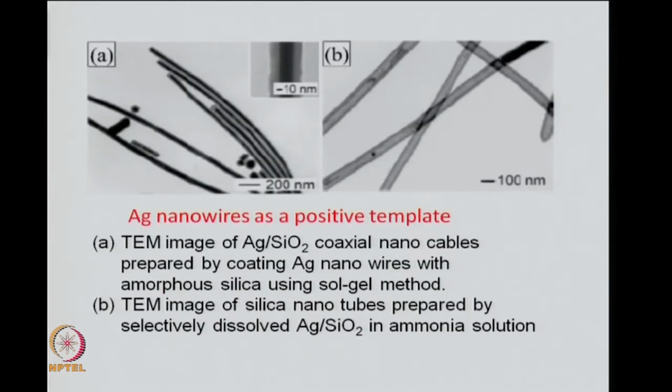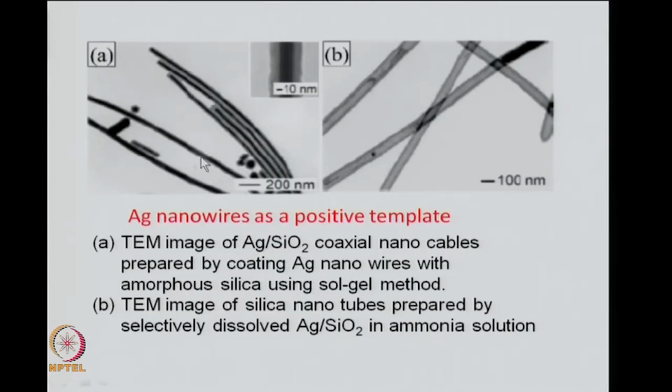If you do synthesis at higher temperatures, you may get crystalline silica also. But in this method you get amorphous silica coated on silver nanowires, and as you see, the scale here is 200 nanometers, so this diameter is something like 50 to 70 nanometers.